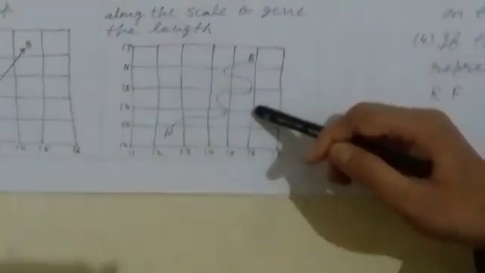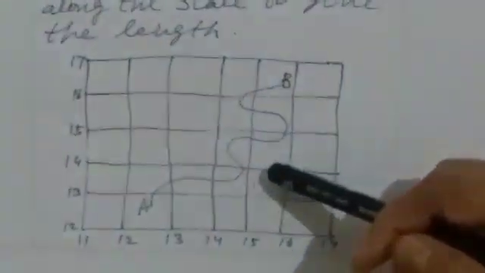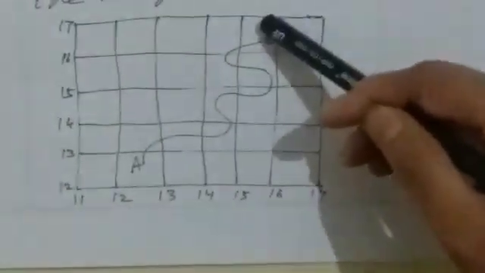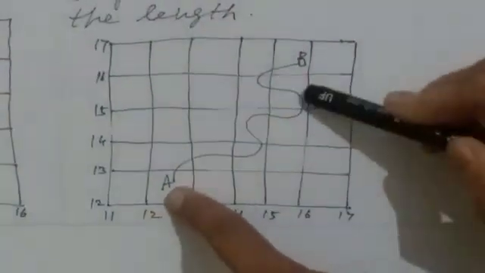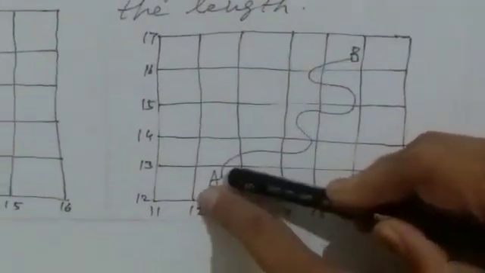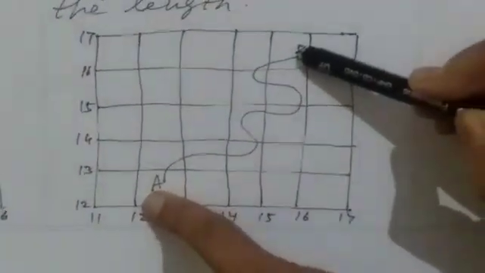First, take a piece of thread and mark the point with a pen. Place A and place B on the given topographical map. Starting point A and ending point B.